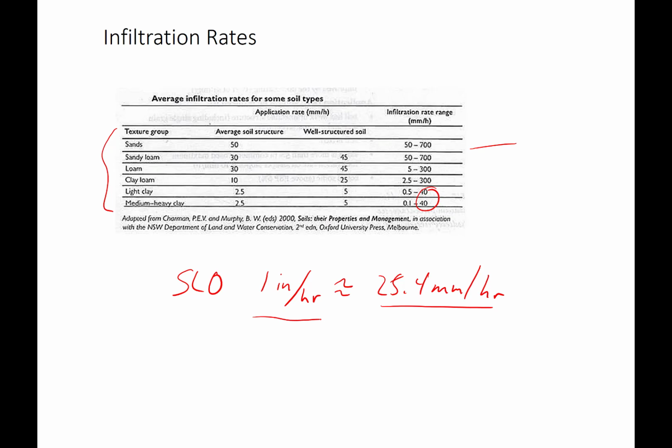So the point is that the infiltration capacity and rate of undisturbed soils is typically high enough that it can absorb most of the rainfall intensities that happen around the world. In fact, it is very rare to see overland flow on natural soils.